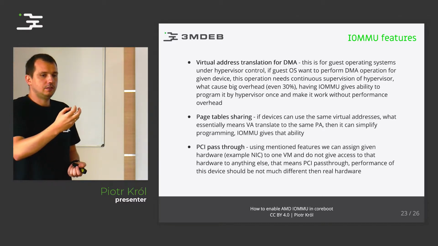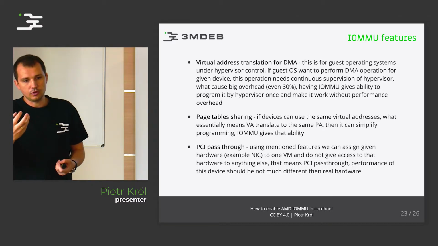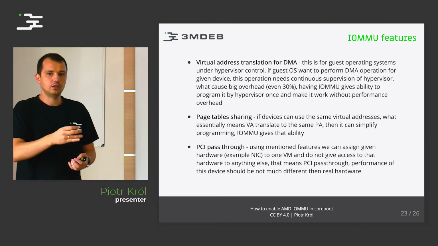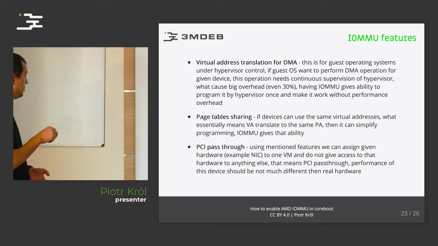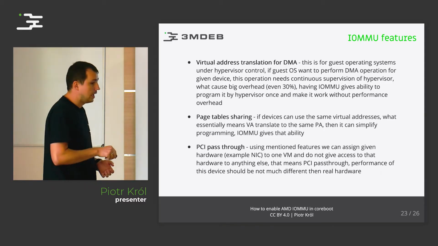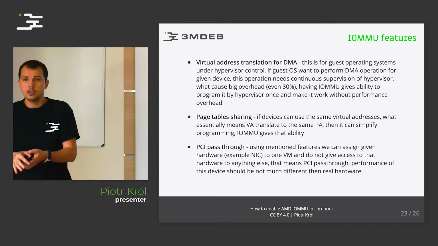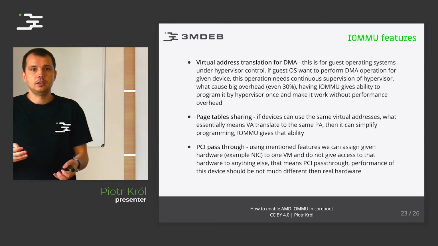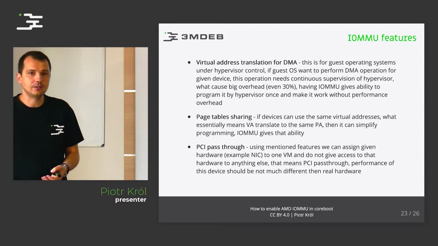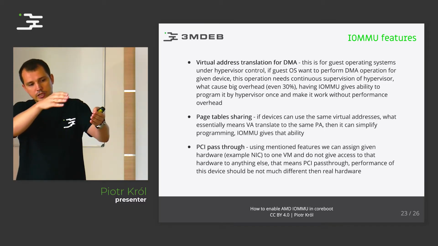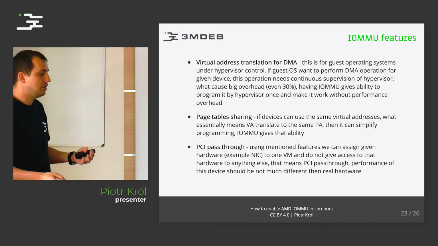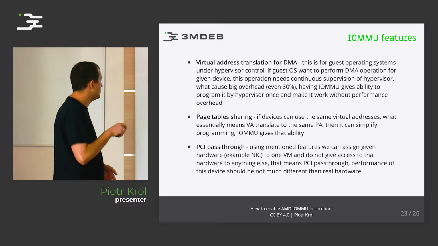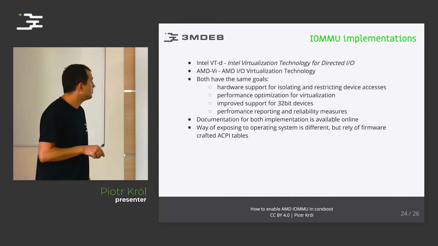We want this ETH0 to be managed only by QubesOS, and no one else can touch it. PCI pass-through is exactly that. And of course, we don't want any performance drop caused by the hypervisor or anyone else, so we don't want to go through many layers. We want the same performance as real hardware. And this is PCI pass-through.